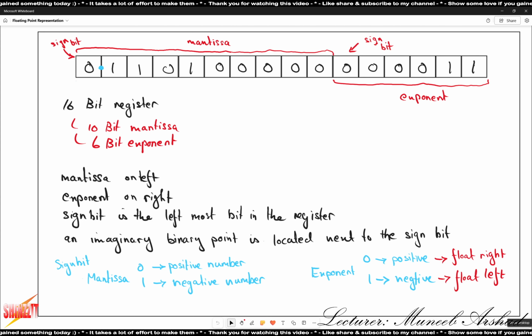उससे पहले क्या था कि depending on the processor, its architecture, how it is designed, उसके अंदर जो registers हैं वो different bits के होते थे. ठीक है. किसी ने 16 बिट का बना दिया, किसी ने 8 बिट का, किसी ने 32 बिट का, and so forth. और उसके अंदर जो बिट एलोकेशन होती थी वो भी डिफरेंट होती थी. किसी का मैंटिसा पहले आ रहा है, किसी का एक्सपोनेंट पहले आ रहा है.